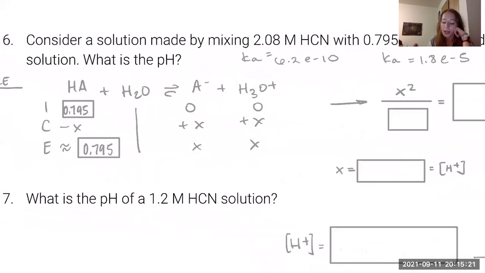Okay, let's do our Ka calculation. We decided this was our Ka value we're using because we're using acetic acid. So 1.8 E negative 5 is equal to X squared over 0.795.